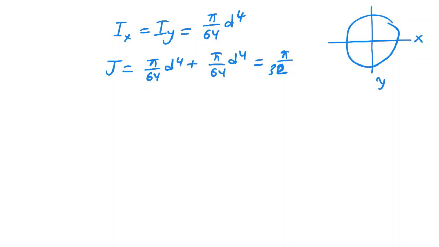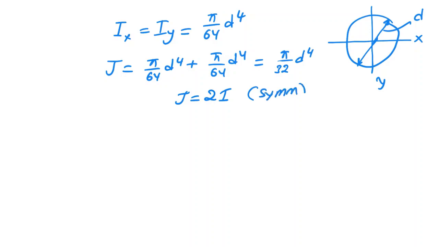Sorry, I made an error here. Pi over 32 d to the power 4. Of course, the diameter here is all of this. This is d. Now, for that reason, when you have a symmetric cross section, you will end up having the relation J equal to 2I only for symmetric cross section.